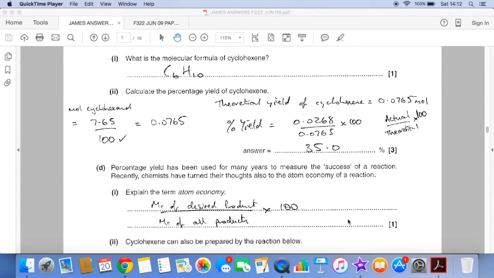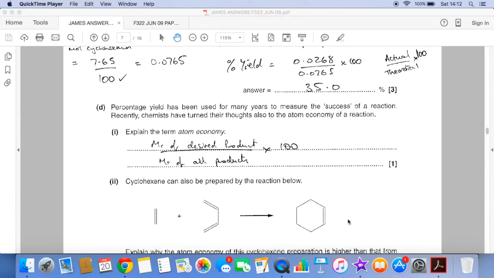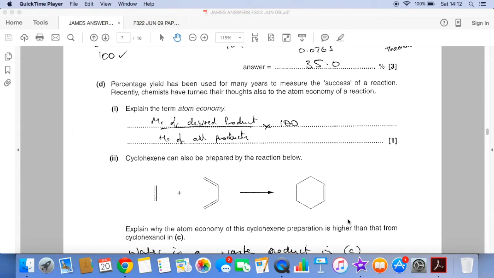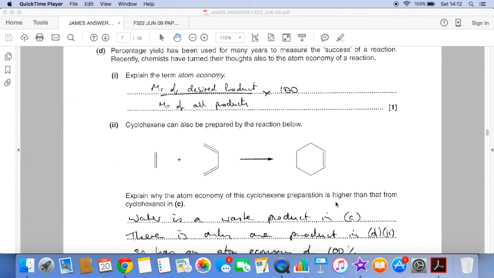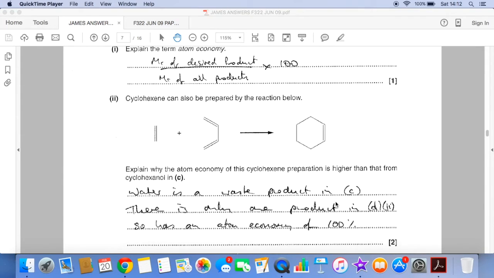The definition of the term atom economy, it's the MR of the desired product divided by the MR of all the products multiplied by 100. And then we had to comment on this method here compared to method C, and you can see in this process here we've got an atom economy of 100% because all of the atoms in the reactants go to make the product.